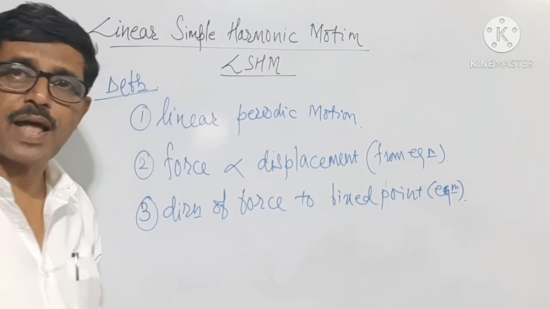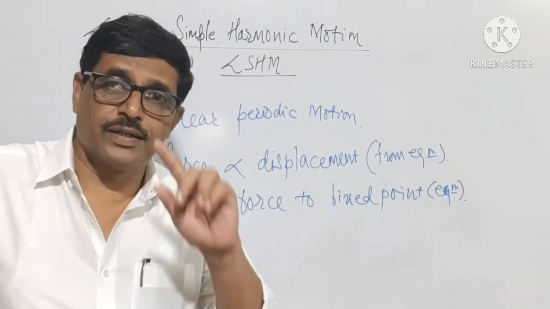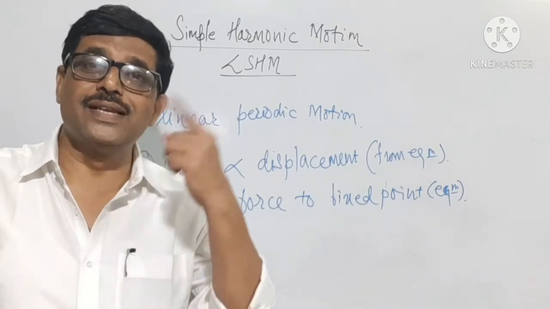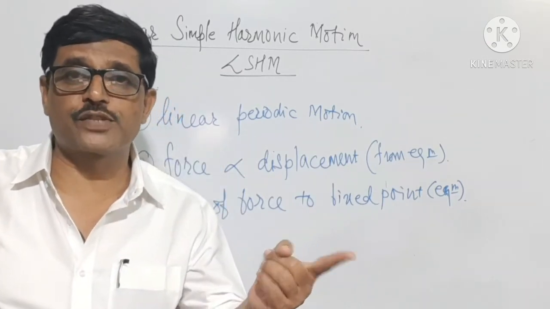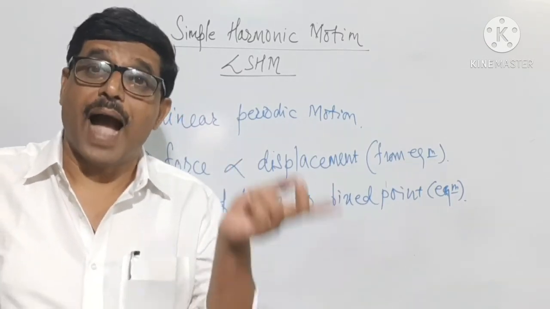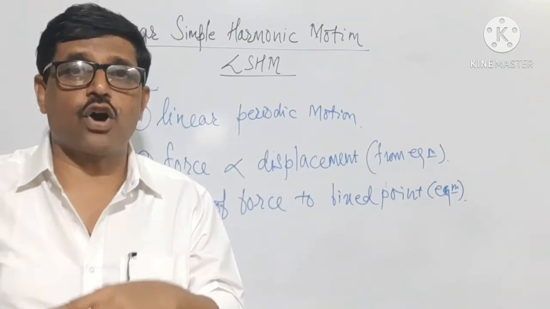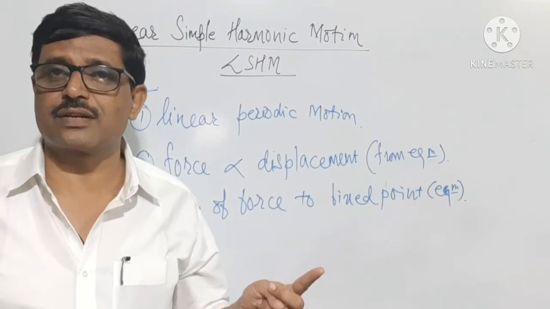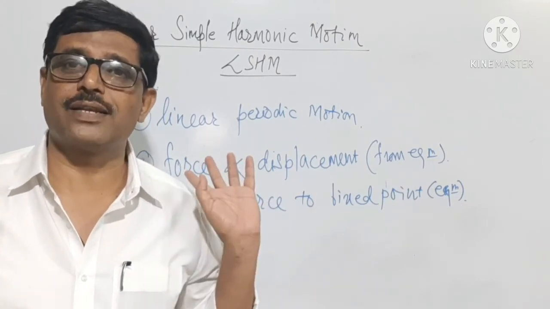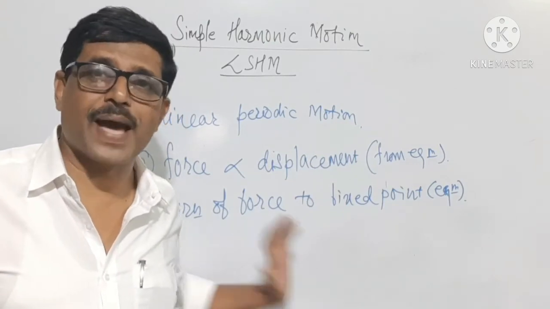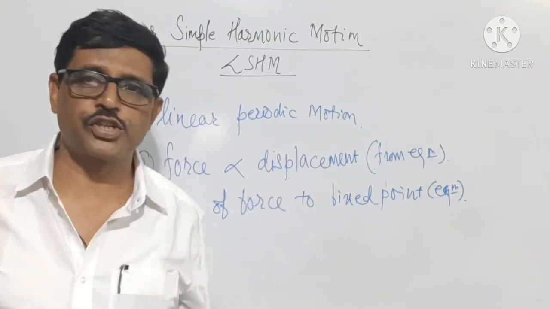The linear simple harmonic motion is a linear periodic motion in which the magnitude of the force is directly proportional to displacement measured from the equilibrium, and the direction of force is such that it is always towards a fixed point, and that fixed point is the equilibrium position, as we have seen in the previous parallel spring motion example.